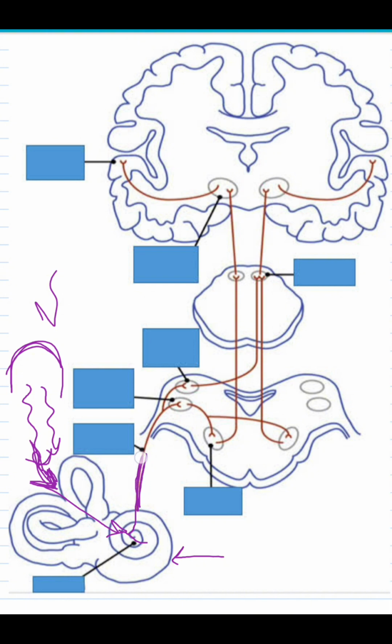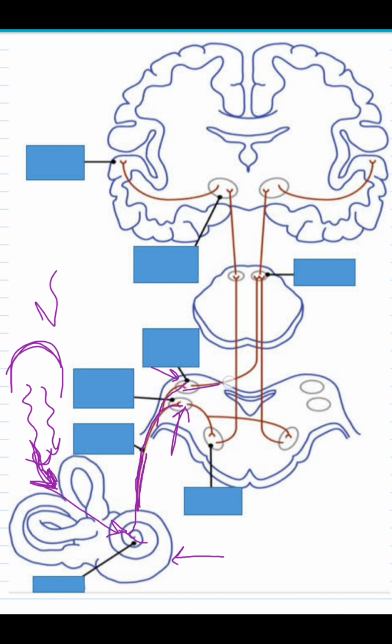Then the cochlear nerve reaches the medulla, to what's called the dorsal and ventral cochlear nuclei. And here it is differentiated into 4 types of fibers that we have talked about previously.